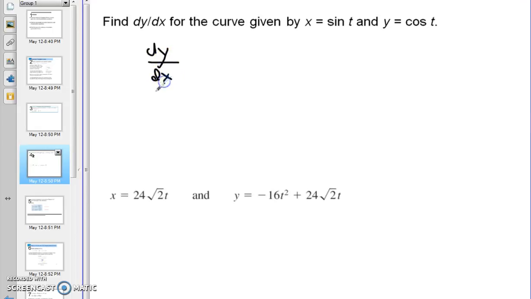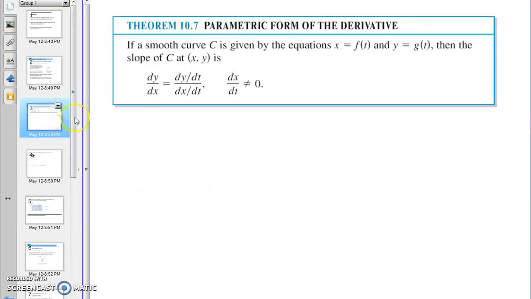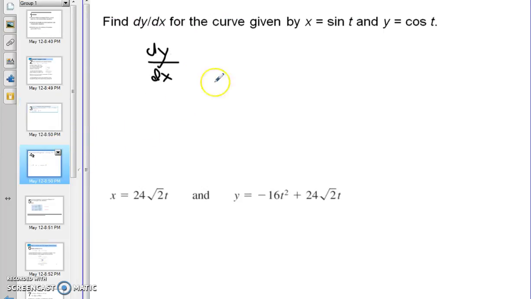All right. So just a minute, let's go back. dy/dx is equal to, the y's rise to the top again, dy/dt over dx/dt. And the derivative of y with respect to t is negative sine t.